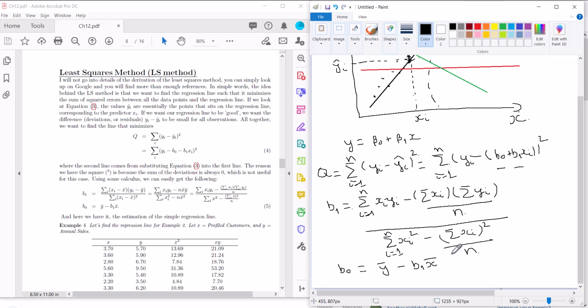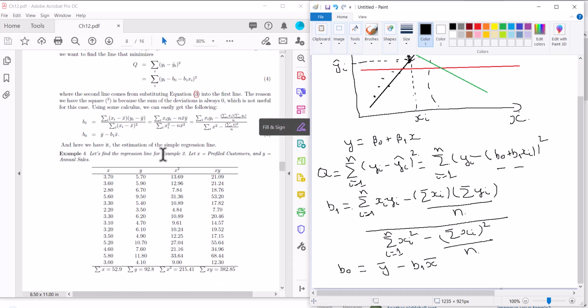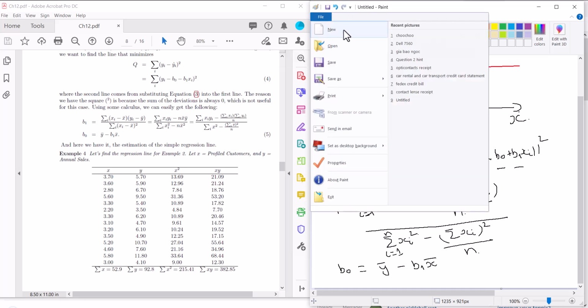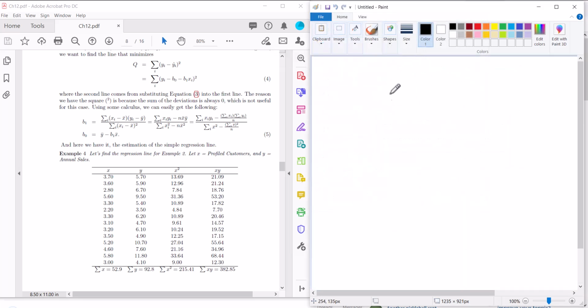Okay, so let's demonstrate this in our example. In example 4, we're going to follow through with the example of predicting the annual sales using the number of profile customers. You will have 4 columns in this table. The first column is x, which is the independent variable, the number of profile customers.